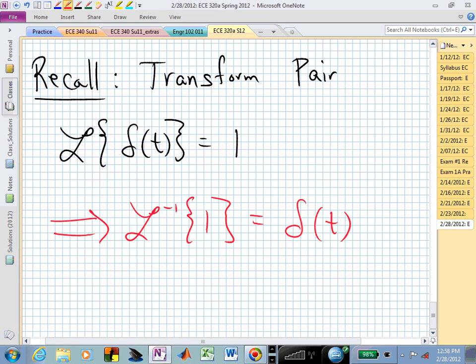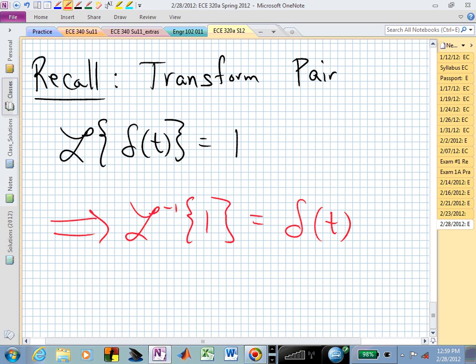That means that in the frequency domain we have a constant signal, and in one way of thinking of it, you have all frequencies present in that signal because your frequency response says it's constant for all frequencies. It's 1.